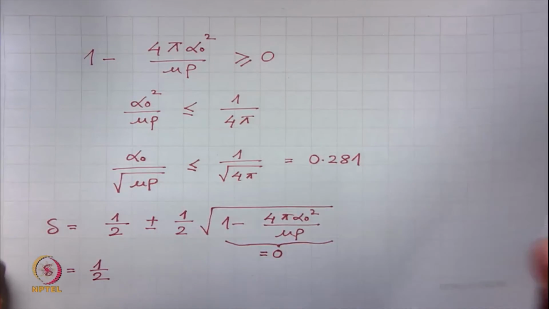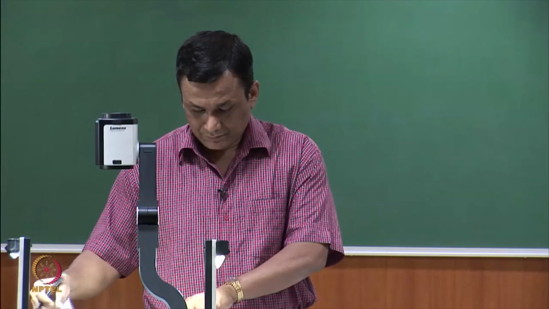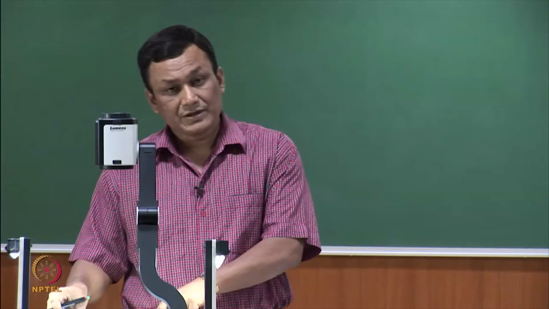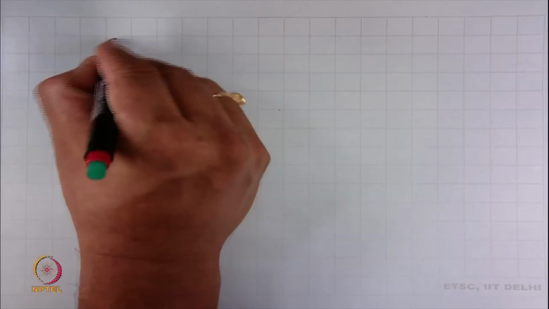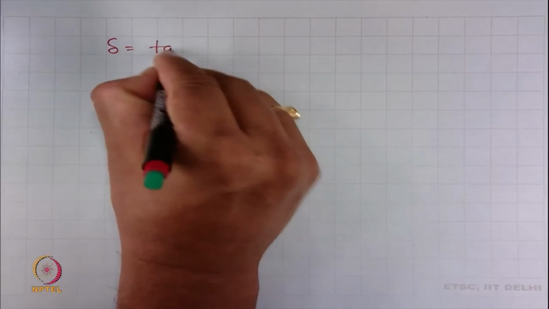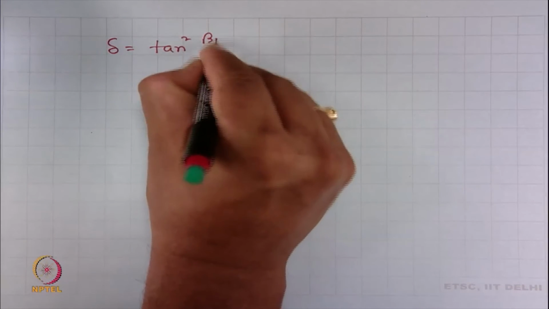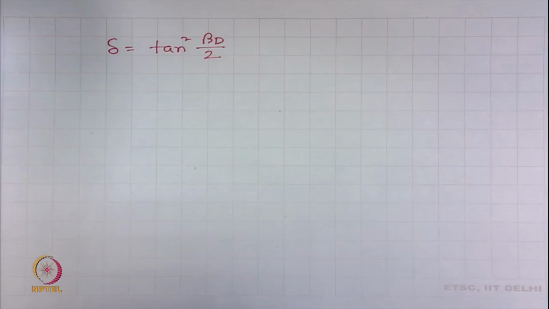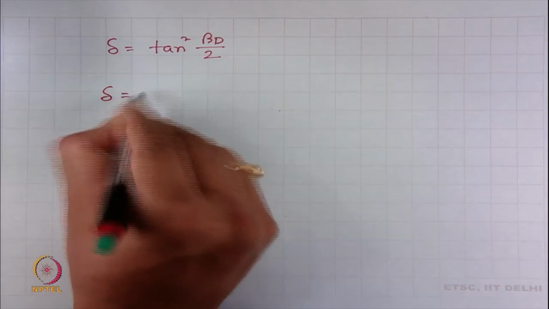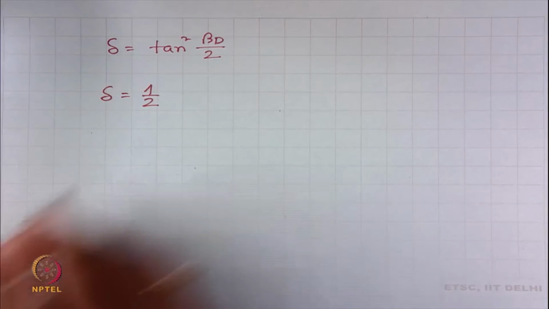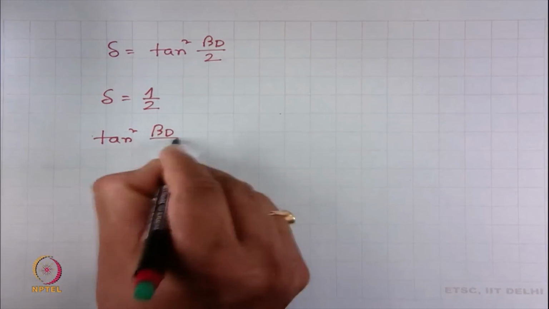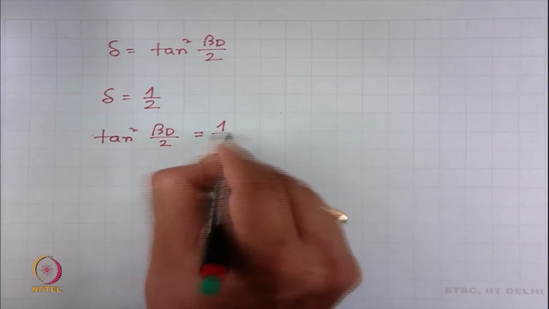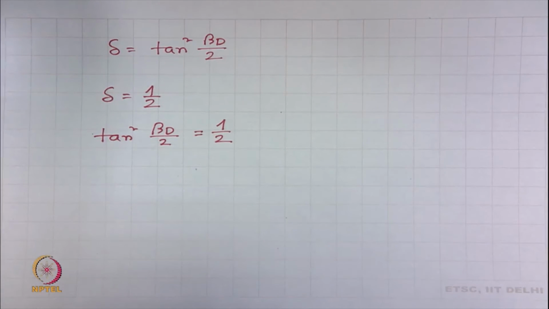Now, this is the limit of retraction, and we have already found out that tan square beta d by 2, and if the limit of retraction is half. So, tan square beta d by 2 is equal to half, then what will be beta d?